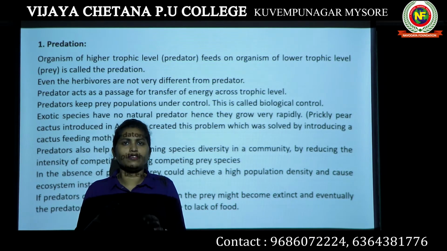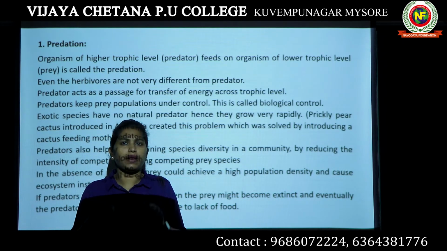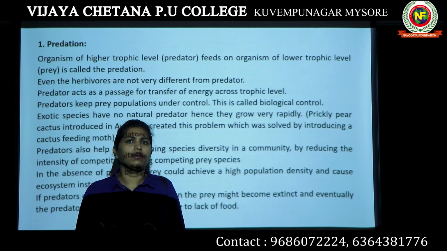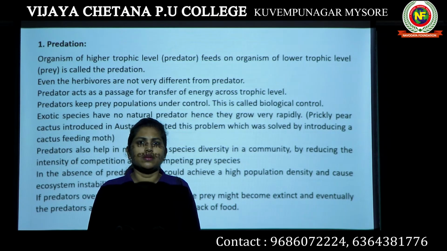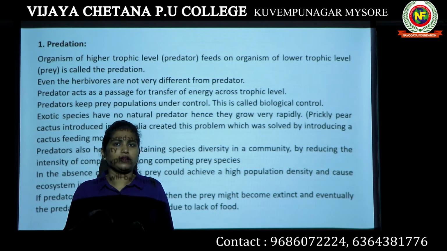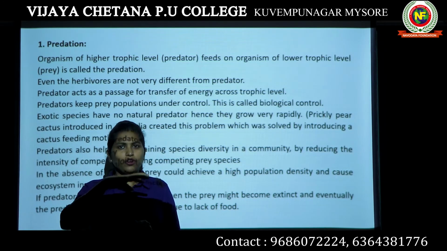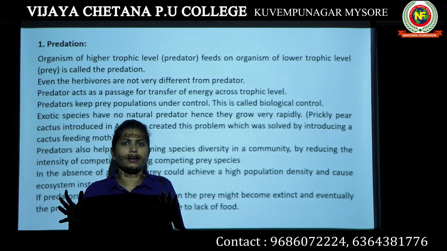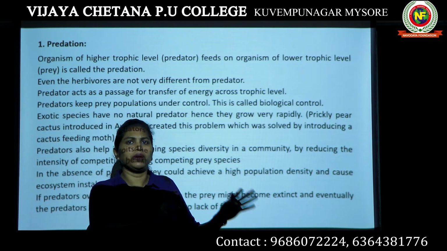Now when you grow this plant in a new environment, this plant will not have a predator. There will be no natural predator for this particular plant, because in your locality there are certain predators who will feed on certain particular plants.